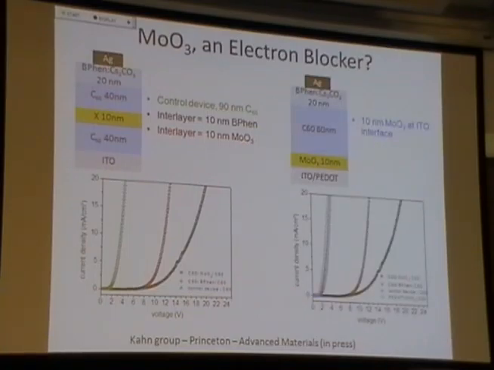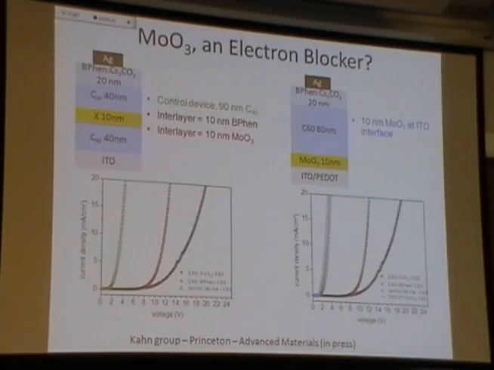Now what happens if we change where the molly oxide is located in the interface? Again, we've got a control down here. We've got ITO with molly oxide on top, our C60, and then our top contact. It seems to be directly on the control with just plain C60 with no molly oxide.